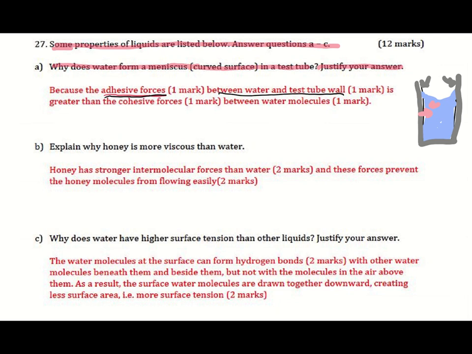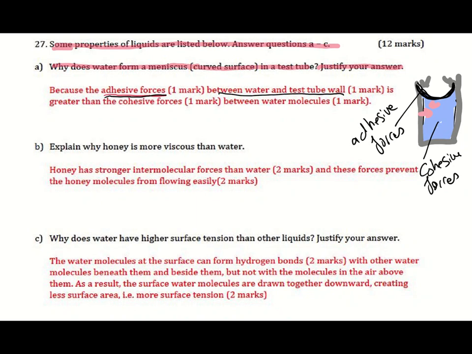These forces are called cohesive forces. So there are cohesive forces between water molecules and adhesive forces between water molecules and the wall. Because of those forces, a meniscus may appear. If the adhesive forces are stronger than the cohesive forces, it will make a curvature downward like this.